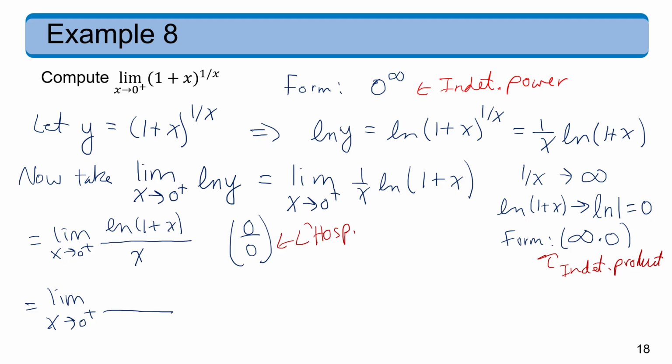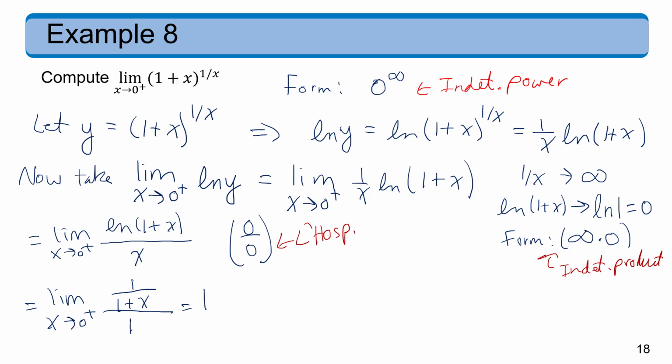The outer function is natural log, so we take the derivative of the outer function first, 1/x, but we have an inside part that replaces x. Then we multiply by the derivative of the inside part, but that's just 1, so we don't even have to write it. That finishes the derivative of the numerator. Now our new denominator will be the derivative of x, which is just 1.